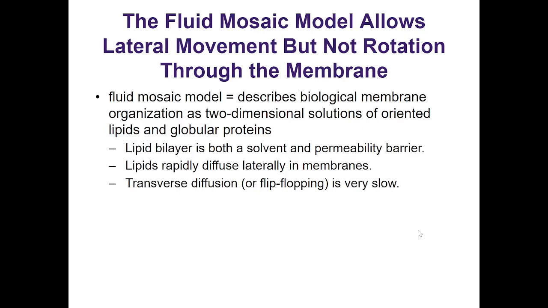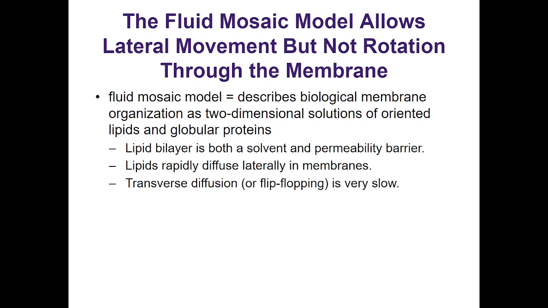Okay, so our fluid mosaic model is going to allow lateral movement, but not rotation through the membrane. So the fluid mosaic model will describe the biological membrane organization as a two-dimensional solution of oriented lipids and globular proteins. The lipid bilayer is both a solvent and a permeability barrier.